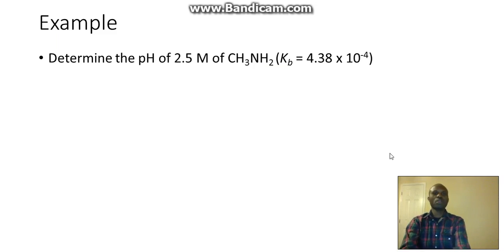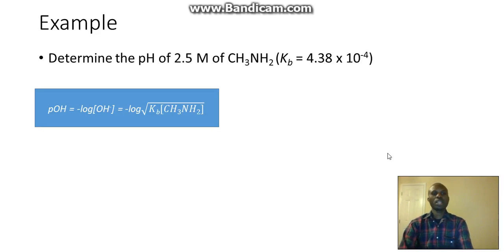Determine the pH of 2.5 molar CH3NH2. That is a base. Its Kb is 4.38 times 10 to the power minus 4. How do you solve it? It's simple.